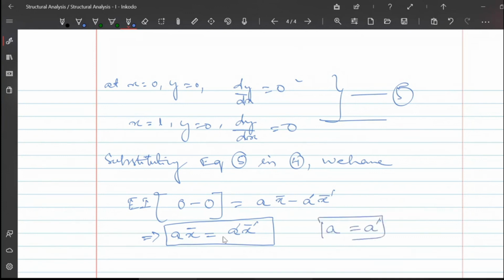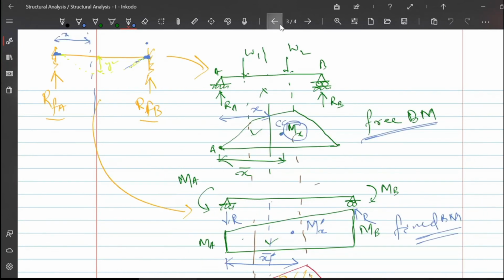So if A equals to A bar, then this gets cancelled out. So this implies x bar equals to x bar dash. So the centroid of the free bending moment diagram and the fixed bending moment diagram will be the same.